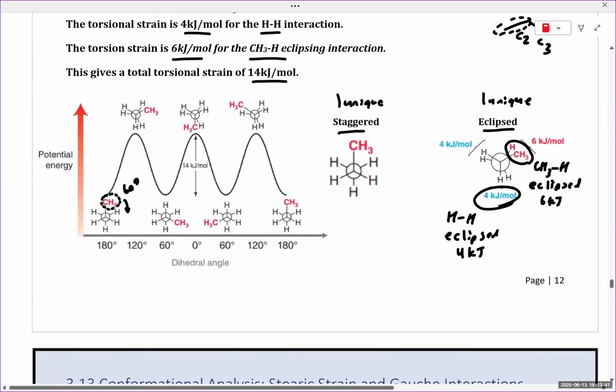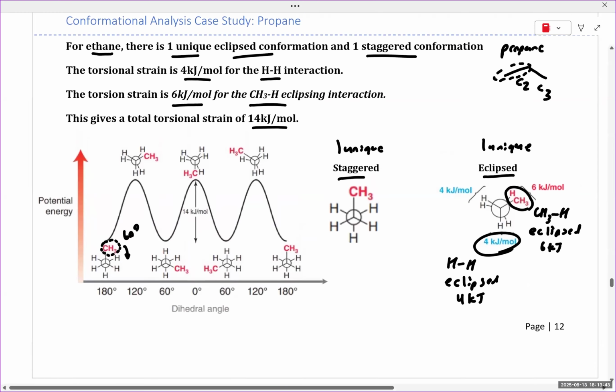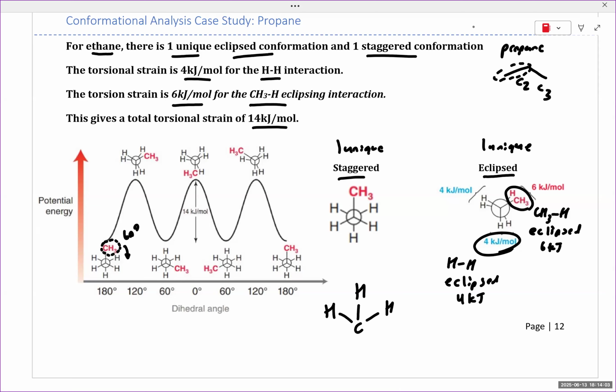Okay. For those wondering why the methyl-hydrogen eclipsing interaction is introducing much more strain, the methyl group is larger and we're starting to see a little bit of a steric effect at play. The methyl group extends into a wider region of space, and thus, when it starts to bump into adjacent substituents, adjacent hydrogens, that can present a destabilizing effect that we call a steric effect.